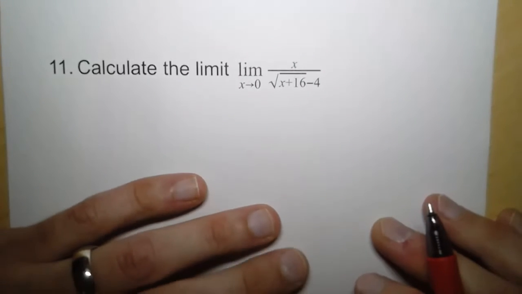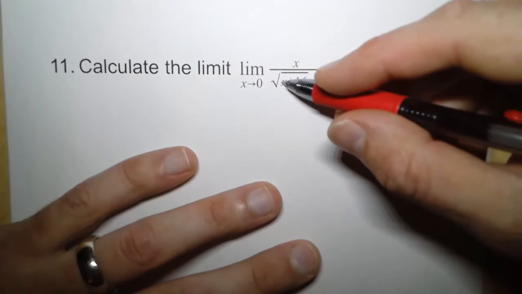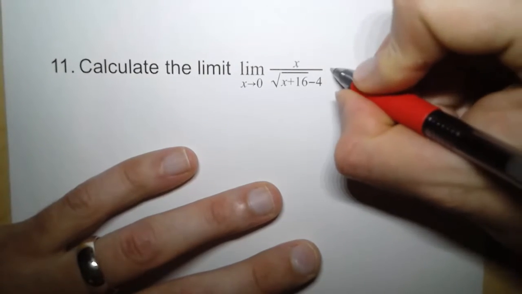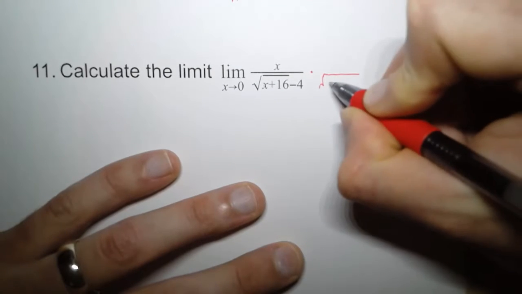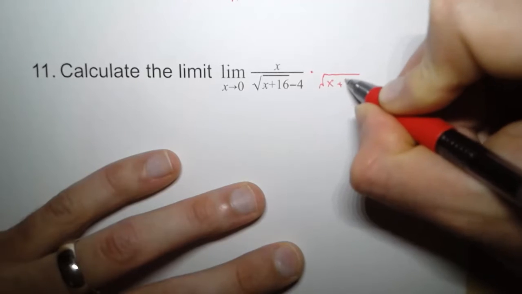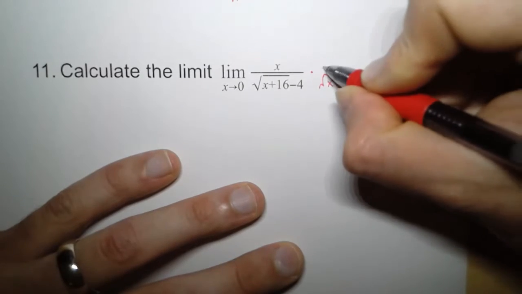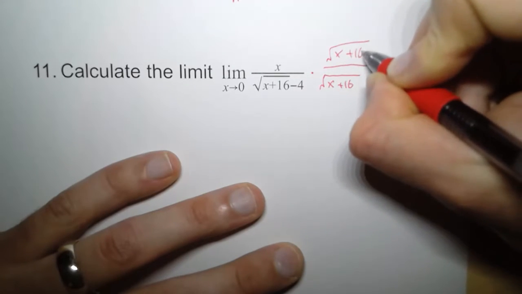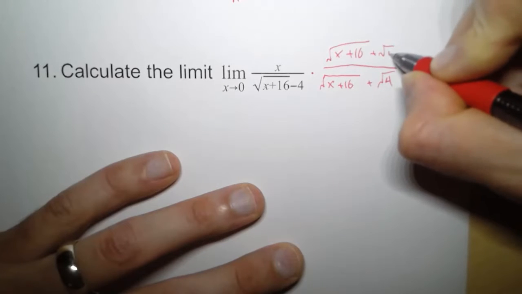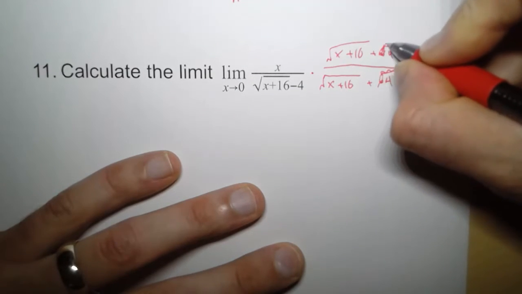So finally, our last one, this is another take on number 8, and it's almost identical except for the fact that there's no 3 here, it's just x. But still, we'll multiply by the conjugate. So the conjugate is radical x plus 16 plus 4. And then we multiply that on the top and on the bottom. Now we don't simplify, actually that's not a radical 4, it's just 4, my apologies.